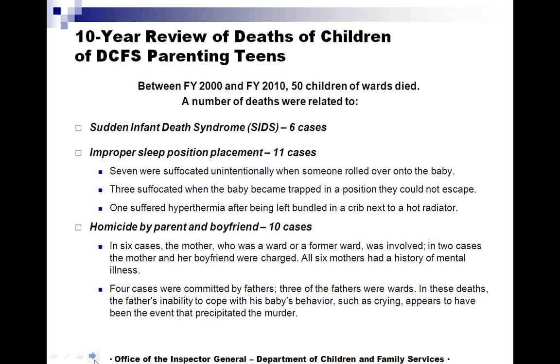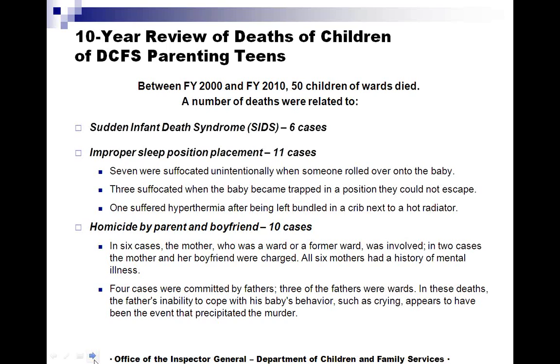It's a similar breakdown to what we see across other populations of DCFS, in that the majority of deaths were either accidental or natural. The accidental deaths were improper sleep placement, or some other accidental deaths, but the majority of the accidental deaths were sleep-related.